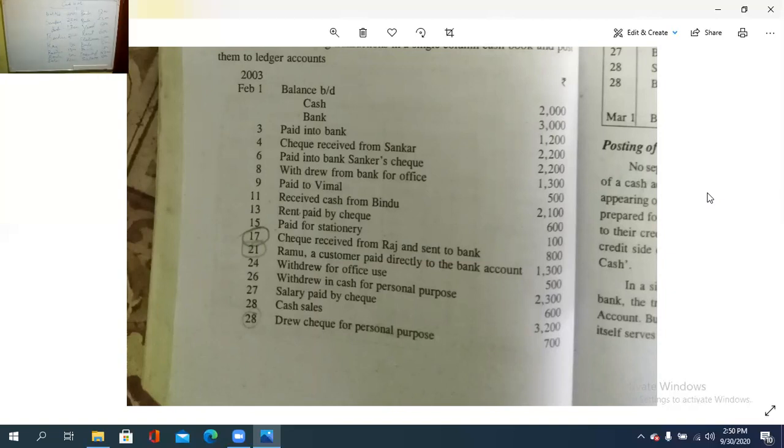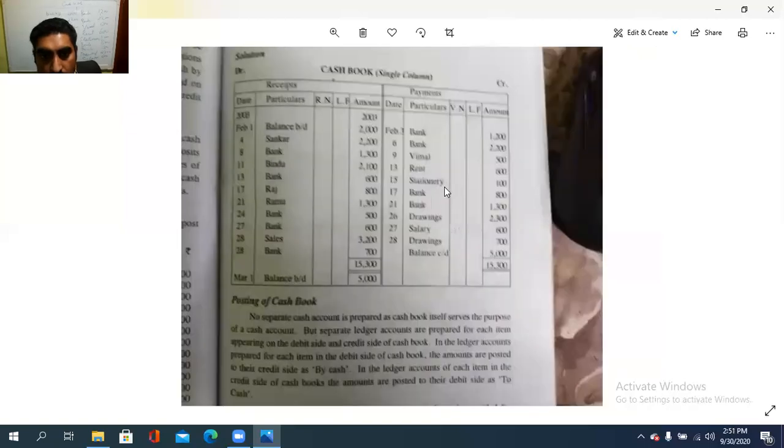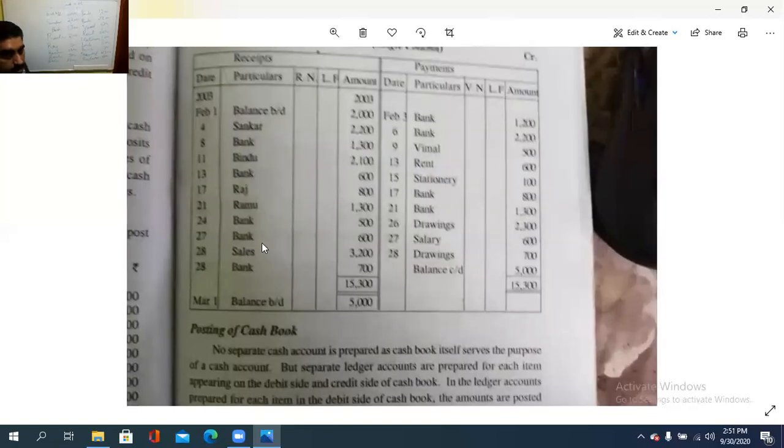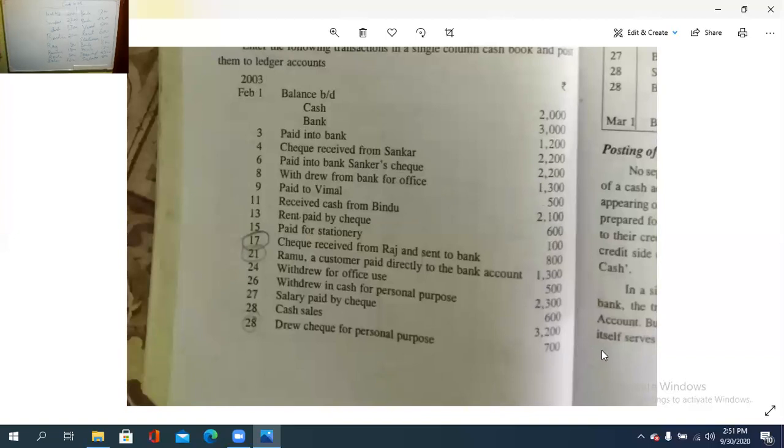So firstly, in the cash book, cash account debtor to bank, that is withdrawal 700. എന്നിട്ട് അതിനെ ഡ്രോയിങ്സ് ആയിട്ട് ഇവിടെ കാണിക്കണം, 700.